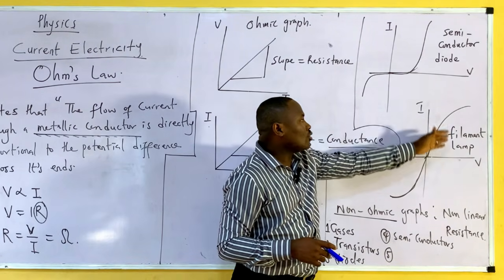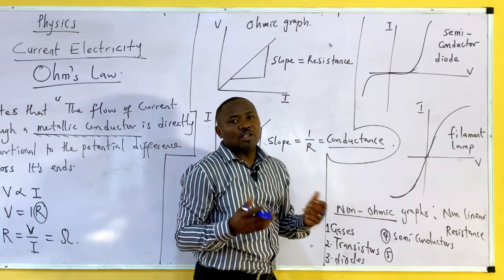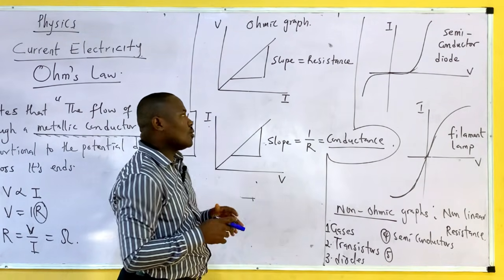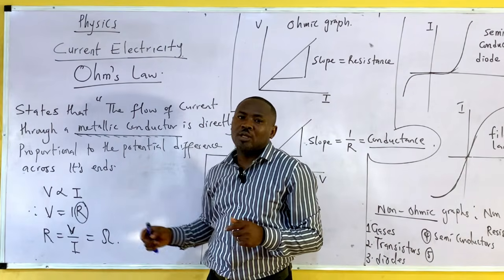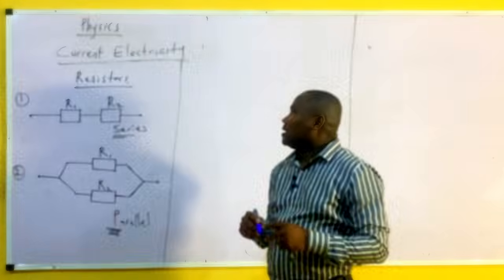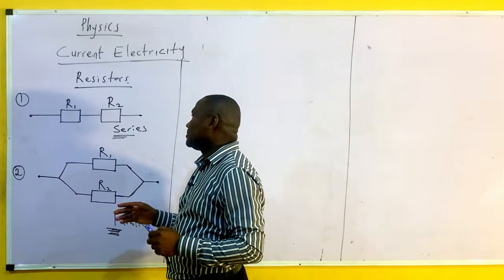All these are non-ohmic graphs. Take note of them. So non-ohmic substances are substances that do not obey Ohm's law, but metals are substances that obey Ohm's law.